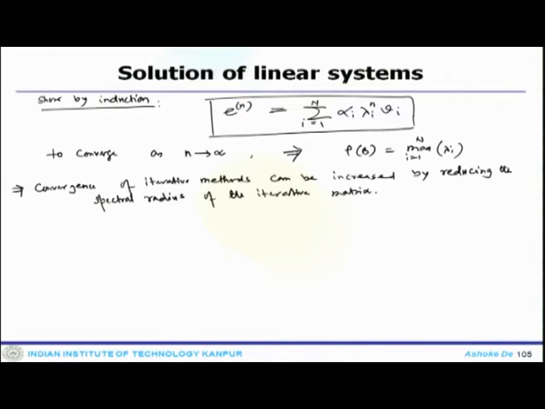So B is here the iterative matrix. So this is essentially the heart of any iterative process.